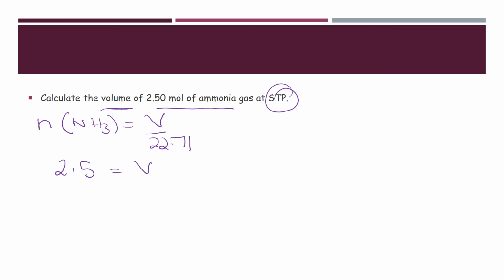We don't know the volume, but it's over 22.71. Now I'm going to need to rearrange my formula. So the volume will equal 2.5 times 22.71, which is equal to 56.8 litres. Remembering to check our significant figures. There are 3 significant figures in each.